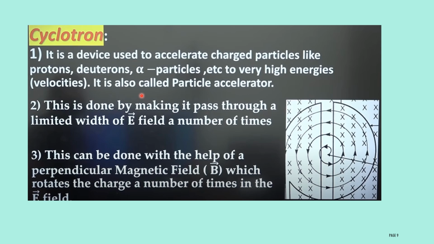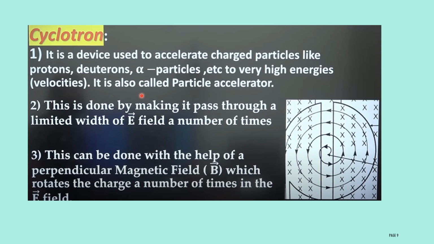If you use an electric field, it will apply a force to a particular charged particle, and because the electric field is continuously applied, the charged particle continuously gets energy, and its velocity will be increasing continuously.